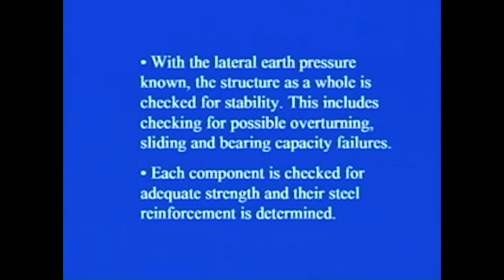You can have a look here in this slide that with the lateral earth pressure known, the structure as a whole is checked for stability. This includes checking for possible overturning, sliding and bearing capacity failures. Each component is checked for adequate strength and their steel reinforcement is determined accordingly. Now, let us say that I provided a particular value of base width of the base slab.